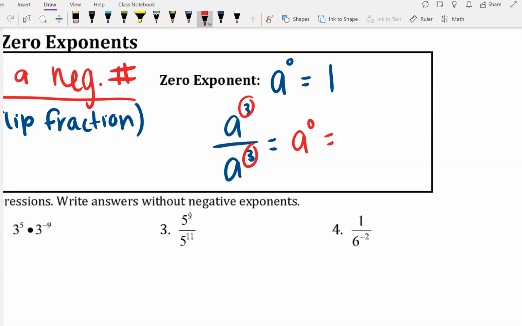And remember, when you're reducing fractions, if you have the exact same thing on the top and on the bottom, they reduce. Anything divided by itself is just 1, so it reduces to 1. So anything to the 0 power is 1. That's a little bit of a funky one for students to remember, so you just need to memorize it. Anything to the 0 power is 1.